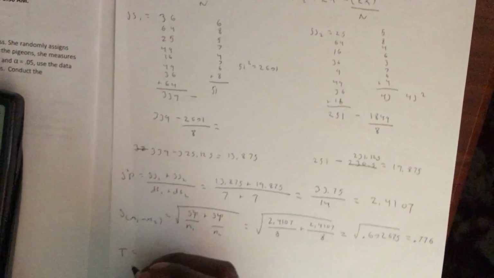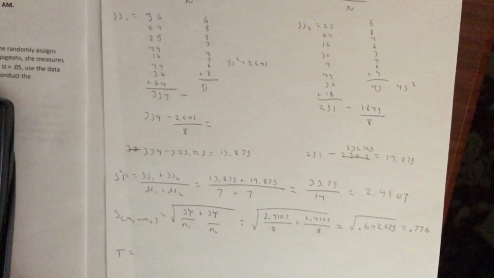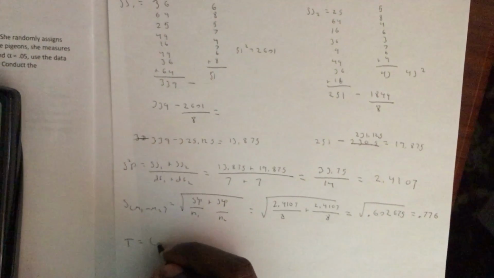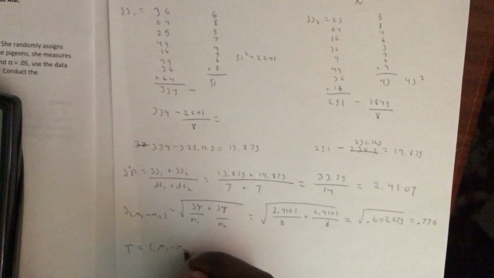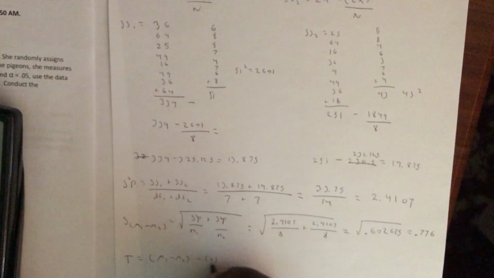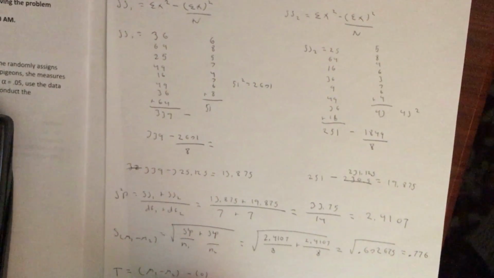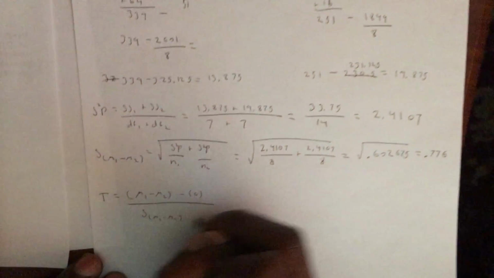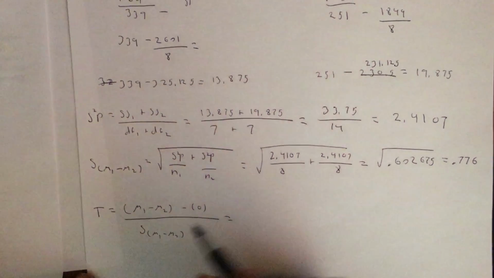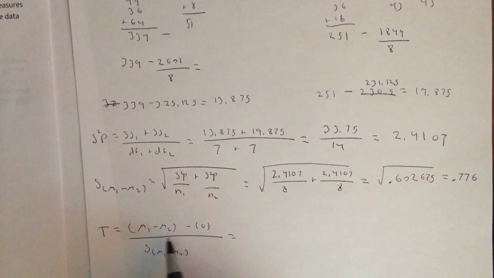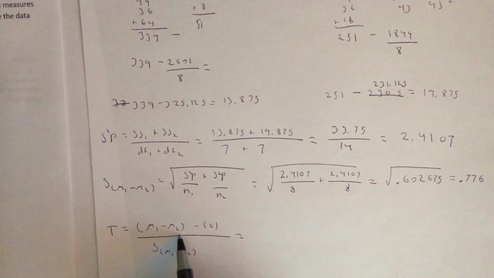Finally, with all this, we can calculate our t-value. The formula for the t-value is M1 minus M2 minus 0 over standard error. This is the average of the first sample minus the average of the second sample.